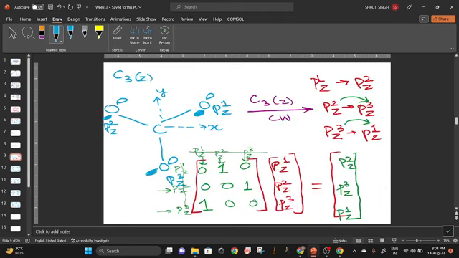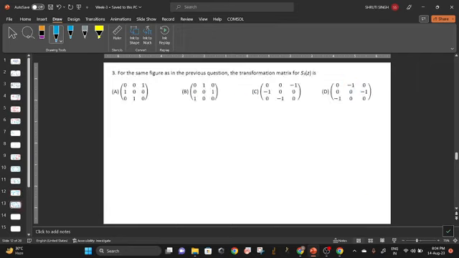Shall I draw the same? Yes, ma'am. We can multiply those two matrices, C3 and sigma h, but let me draw. There may be other students also watching, so let me draw for them.